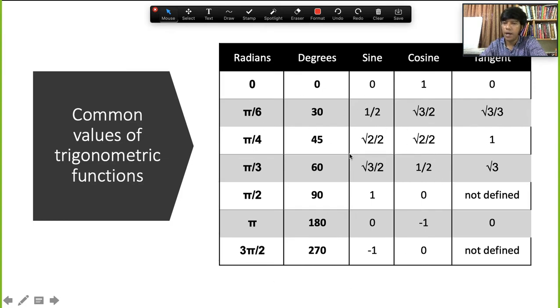But these are standard, commonly used values. That's why we have 0 degree, 30, 45, 60, 90, then 180 and 270. They are very commonly used, because in many maths problems you will suddenly see these angles come up. That's why they are commonly used trigonometric functions. These are the values.